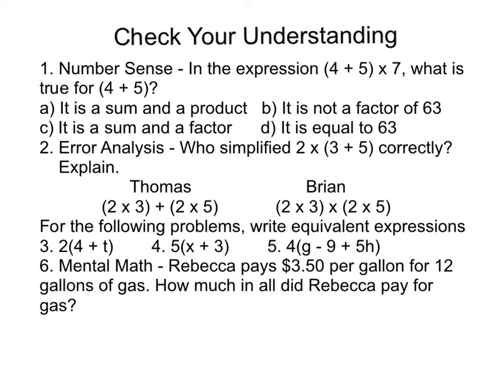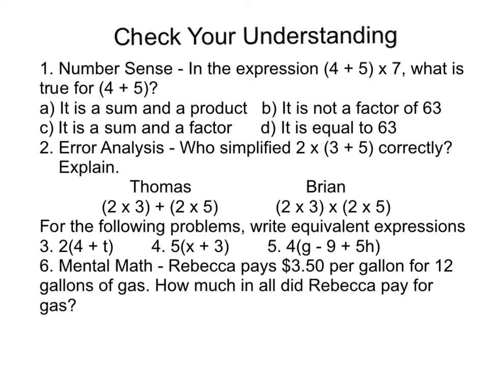Check your understanding. Number 1, number sense. In the expression, parentheses 4 plus 5, parentheses times 7, what is true for 4 plus 5? A, it is a sum and a product. B, it is not a factor of 63. C, it is a sum and a factor.